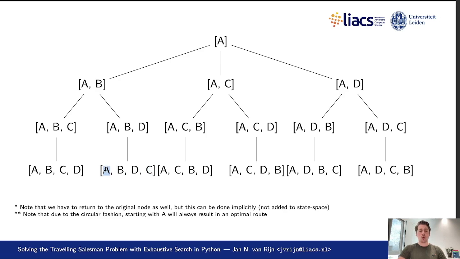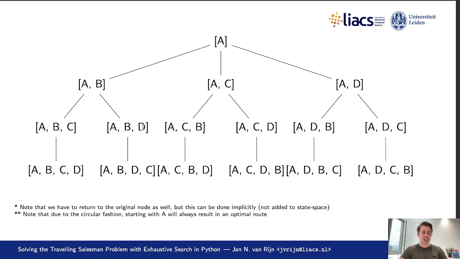And then we know what, given this state, the optimal solution is. It's not a partial state, it's a goal state. But for all the other nodes that are not leaf nodes, the situation is of course not that simple. For example, if I have A, B, D, then potentially there are still choices to be made.